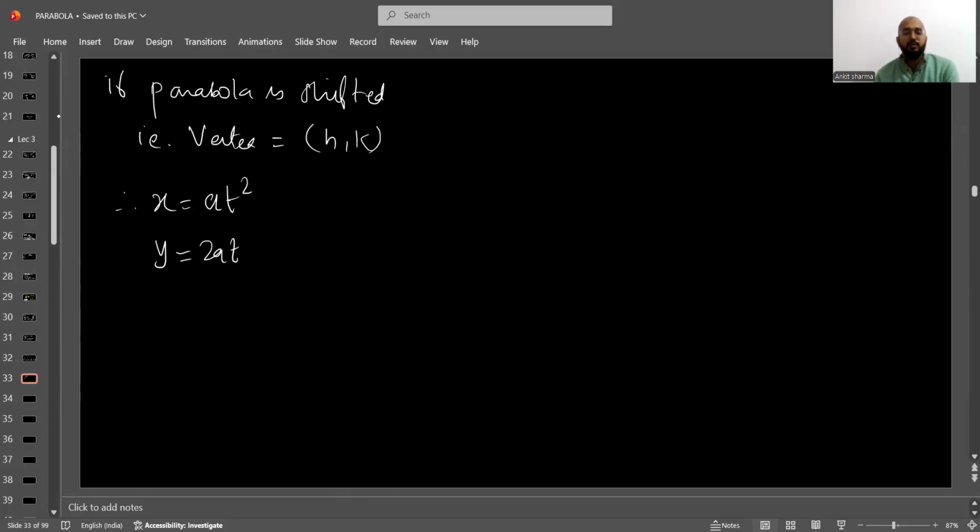So now what I'll be doing is dealing with plus h and plus k here for the first one. And the second one will become the same: x is equal to minus at square, and then just go on adding plus h and plus k.